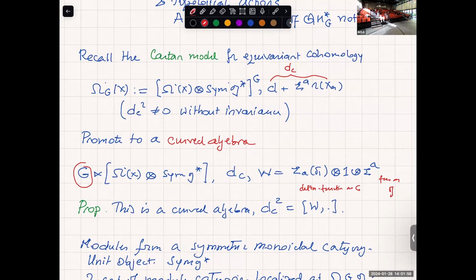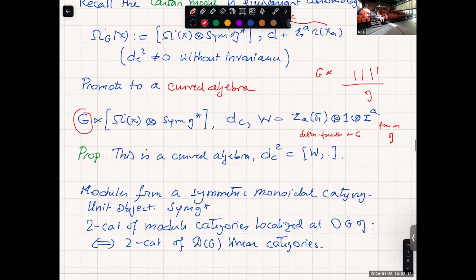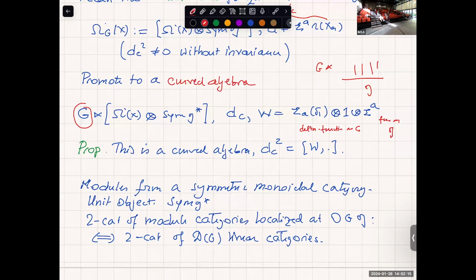If you exponentiate the superpotential, it's a bit more obvious because you have G acting and the base is G and whatever lives over G. And the superpotential is just the exponential map from the Lie algebra to the group. That's what this value is. This is a curved algebra, as the first exercise to check.